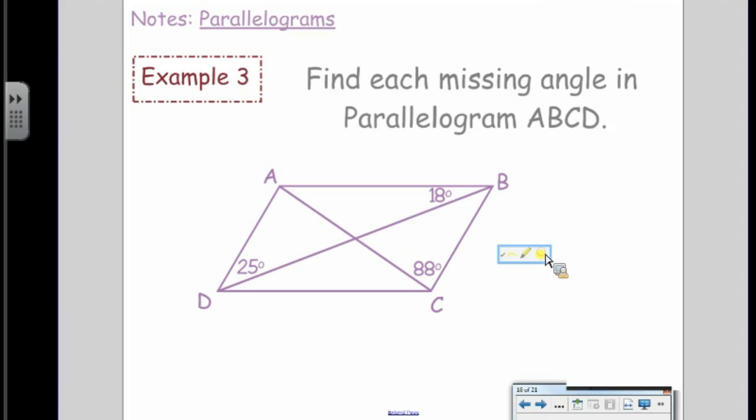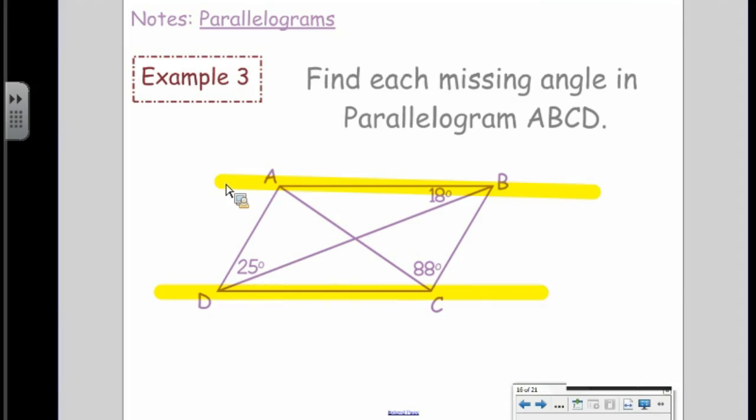Those exist too. When you look at two parallel sides and one diagonal, you have alternate interior angles. And then you have another set of alternate interior angles. So you're going to use those a lot in a parallelogram when a diagonal is drawn.